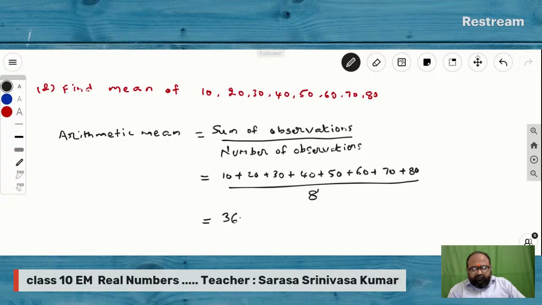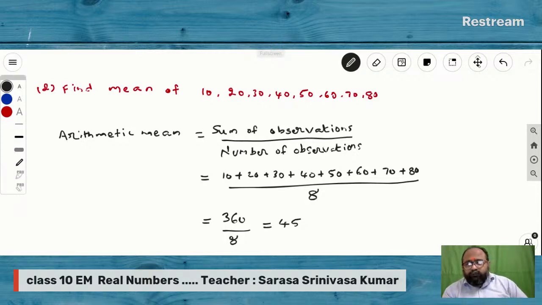So 360 by 8. This is equal to, so 8 fours 32, 40 means 5. So we got arithmetic mean equal to 45. We got arithmetic mean equal to 45.